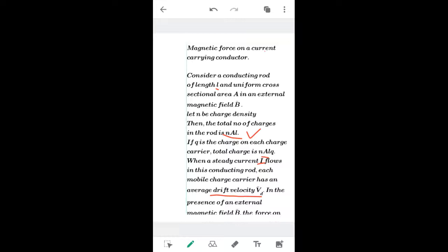Vd is the velocity of the charge carriers in the external field, and B vector is the external magnetic field. It is not the magnetic field due to the charges, but the external magnetic field.